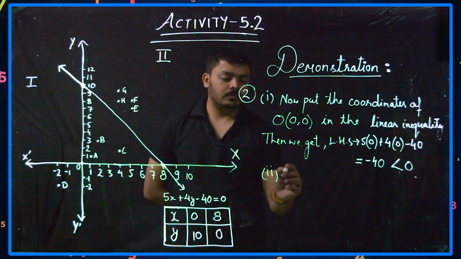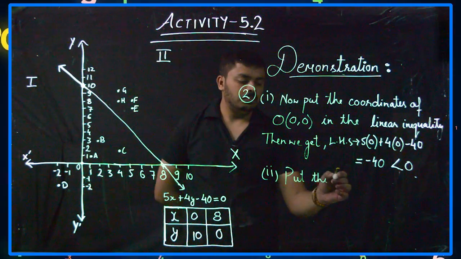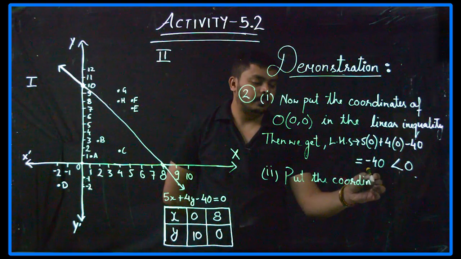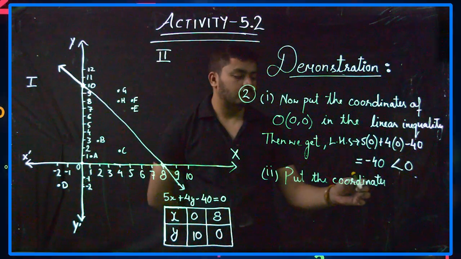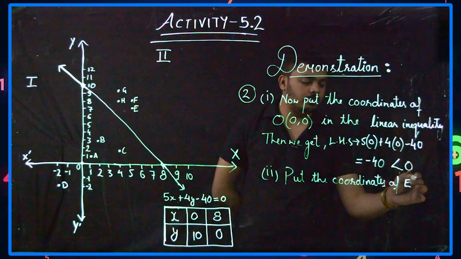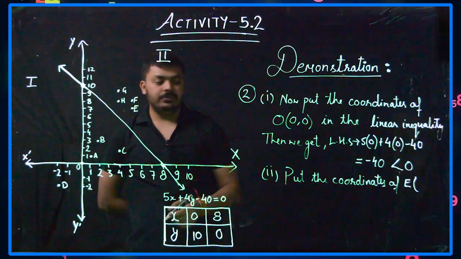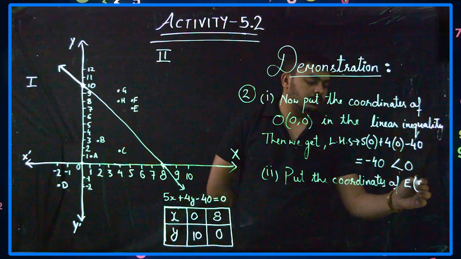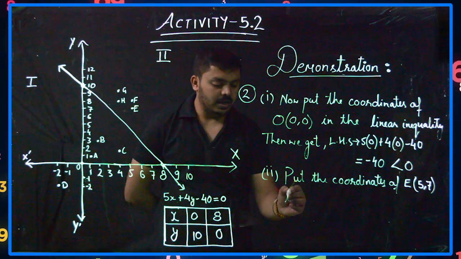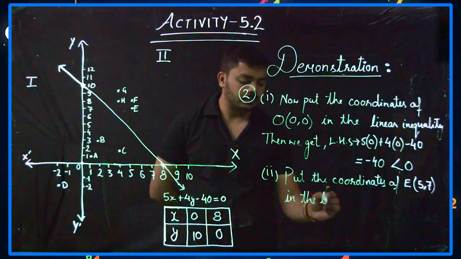Similarly, put the coordinates of E (5, 7) in the left hand side of the inequality.